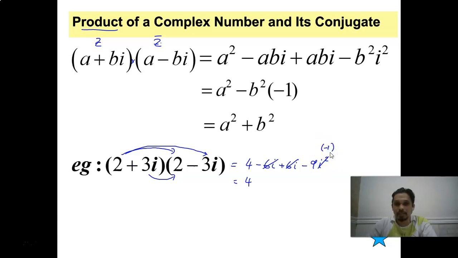So negative times negative equal to positive. So plus 9. 4 plus 9 equal to 13.